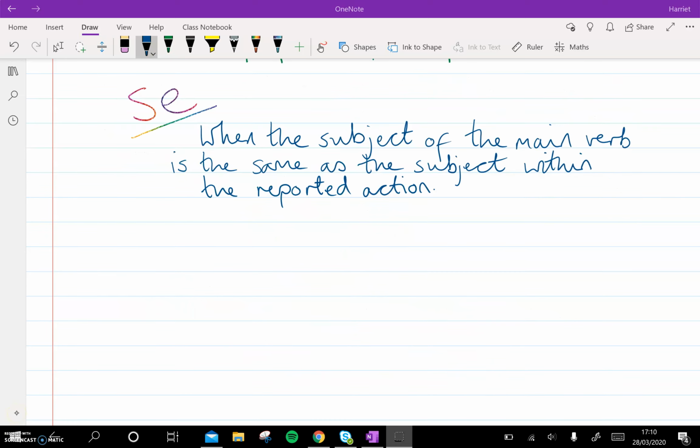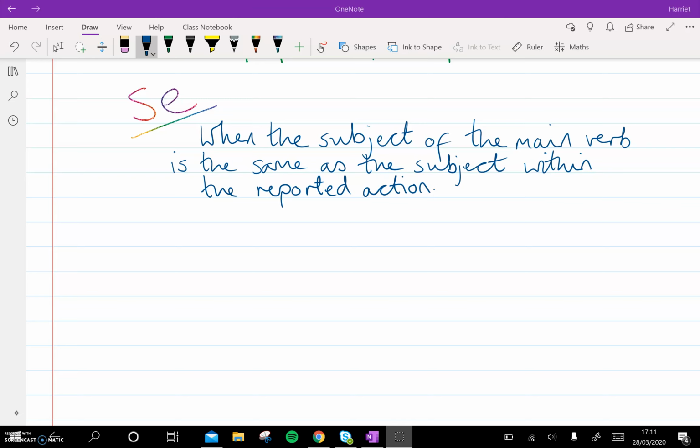Okay, so now we need to talk about the word se, spelled S-E in Latin. It's little, it's annoying, but the good thing about it is quite often when you find it in a sentence, it's a big hint that it will be an indirect statement because it appears most commonly within indirect statements. Se is used when the subject of the main verb is the same as the subject within the reported action.